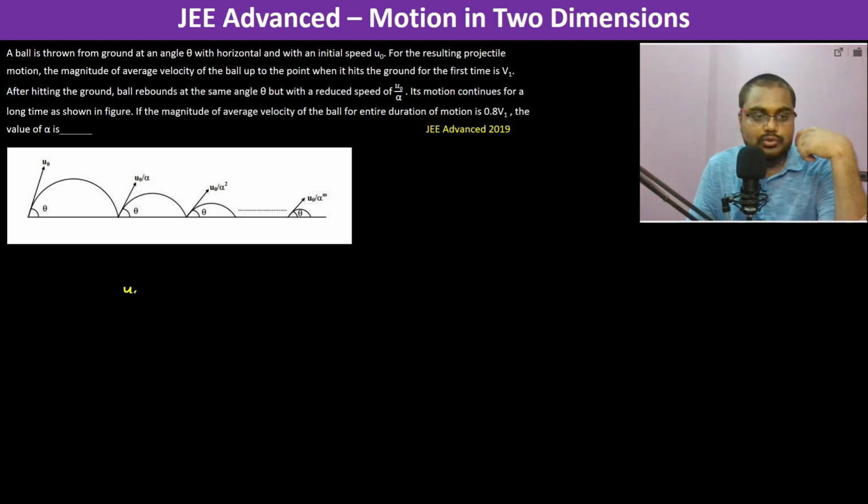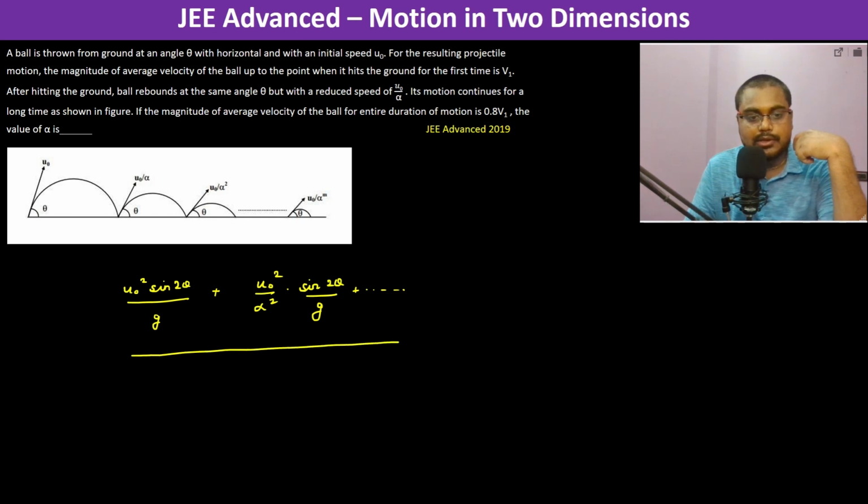So u naught square sine 2 theta by g plus u naught square by alpha square into sine 2 theta by g and so on, divided by 2 u naught sine theta by g plus 2 u naught by alpha into sine theta by g and so on.